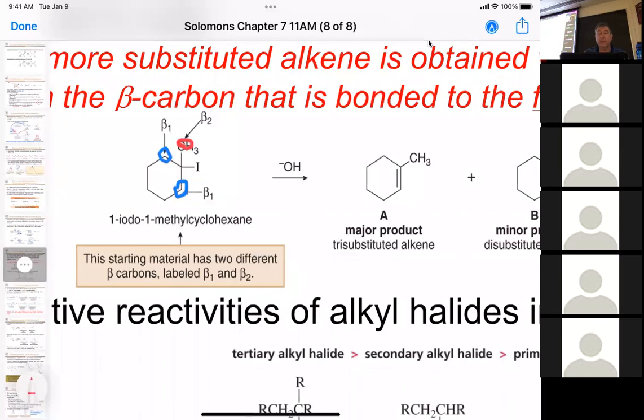Now, if we do it with the beta hydrogens over here, we're going to make a disubstituted alkene. Even though it's a tertiary alkyl halide, we're going to make a disubstituted alkene. But if we were to instead take it from here, we'll end up with a trisubstituted alkene.